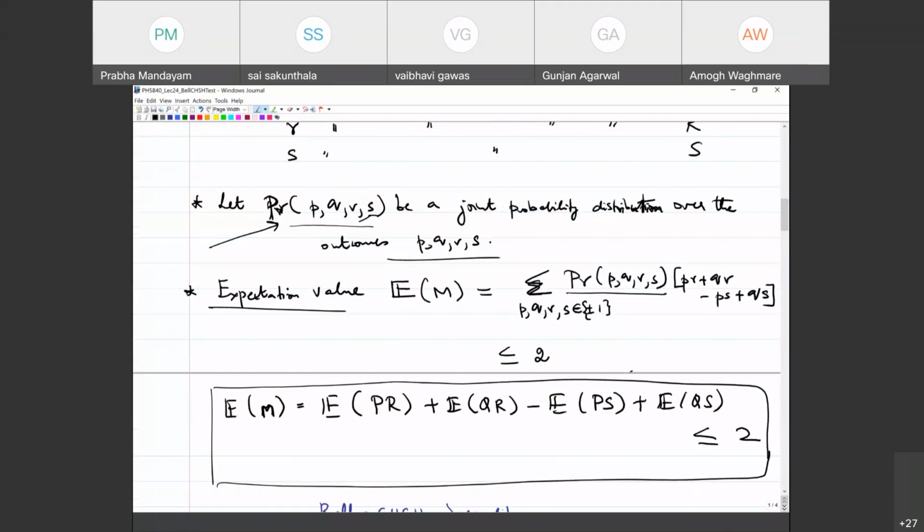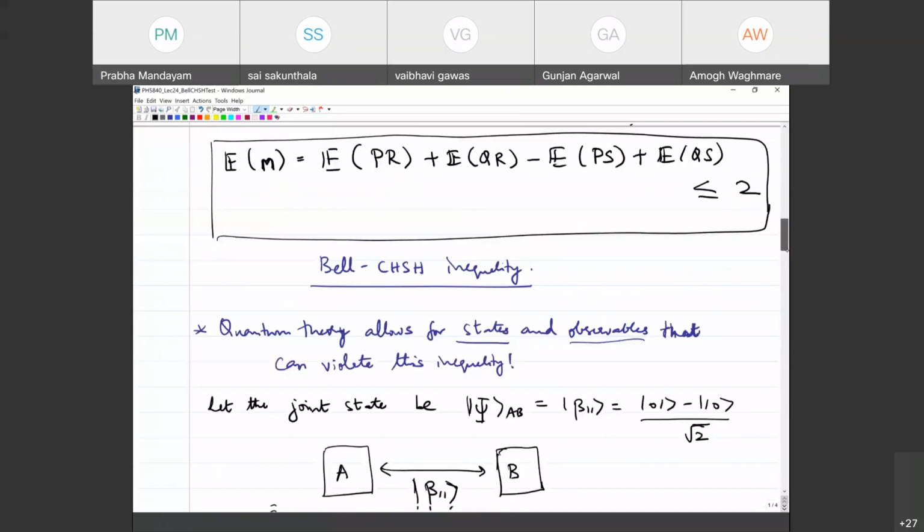There is no reason why I cannot write down a joint probability distribution for a set of quote-unquote classical observables on my system, right? But quantum mechanics allows for observables where this joint probability distribution does not exist, because you cannot simultaneously assign values to these quantities, like the spin X and spin Z and so on. And we already saw manifestations of this when we discussed the Stern-Gerlach setup.